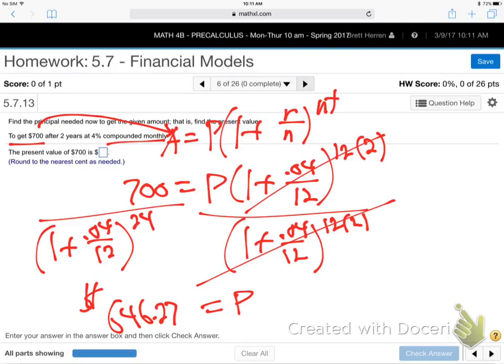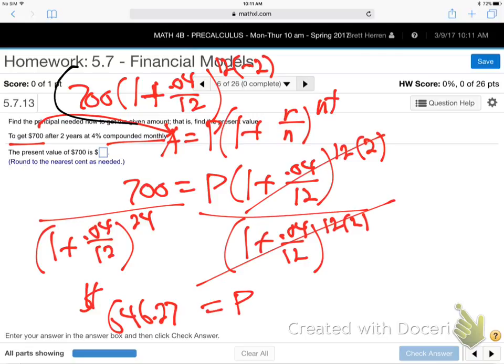Robert, the other way to do it, you're right, would be to take 700 and multiply by 1 plus 0.04 over 12 to the negative 24, because now there's 12 times negative 2 for the time. And you're right, that's going to work too. Why is Robert right? Why is this going to come out the same as this?